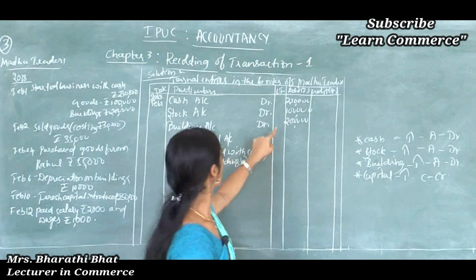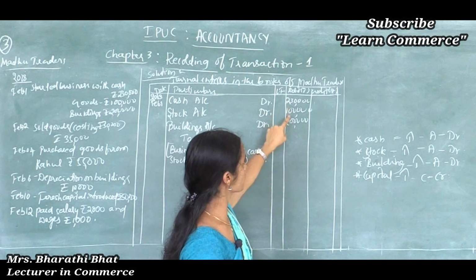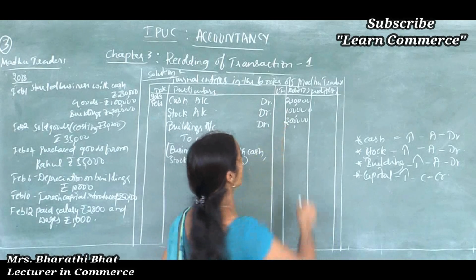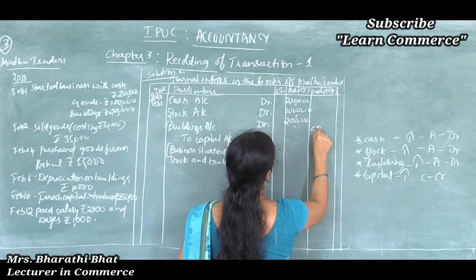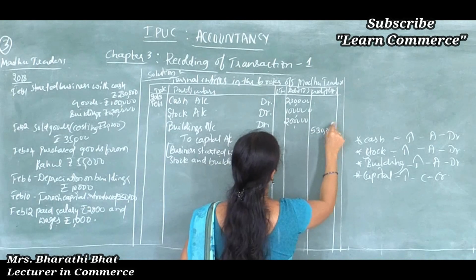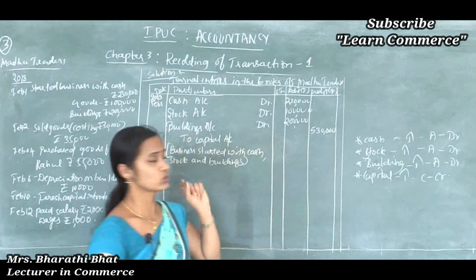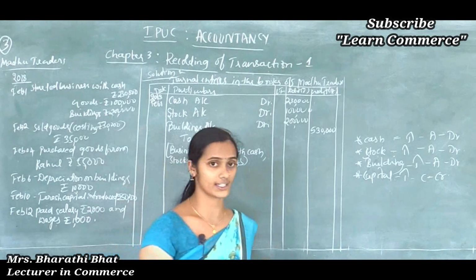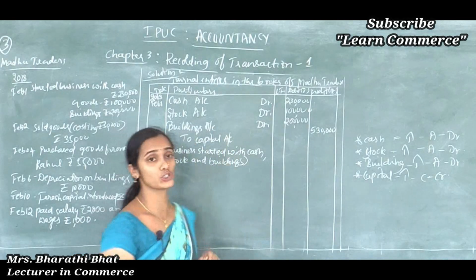So we should add 2,30,000 plus 1 lakh, 3,30,000 plus 2 lakh, 5,30,000 is considered as capital. So we have total 5,30,000 worth capital in our organization, means in the Madhu Traders.